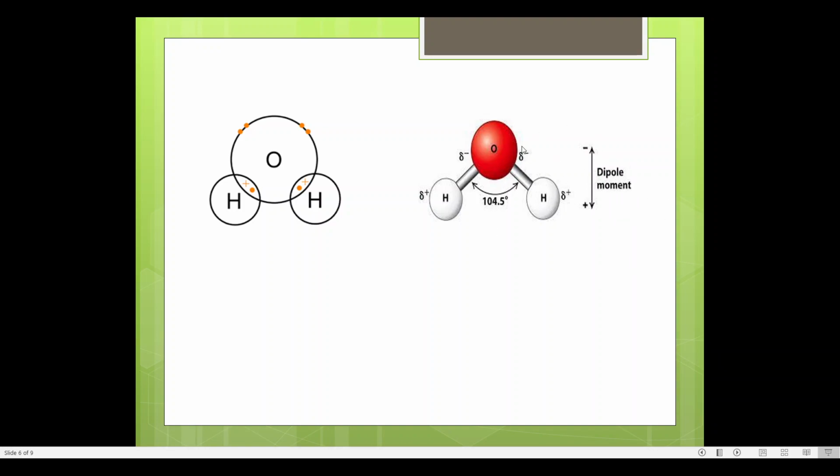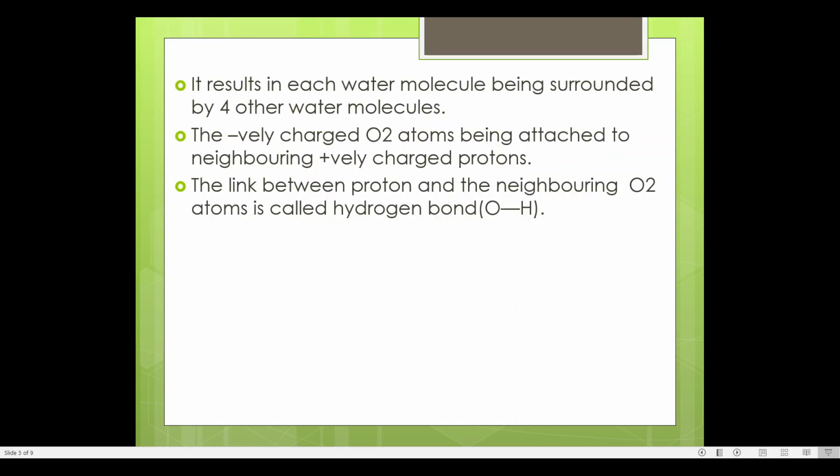As a result, all these water molecules are hydrogen bonded with each other. It results in each water molecule being surrounded by four other water molecules, the negatively charged oxygen atoms being attracted to the neighboring positively charged protons.